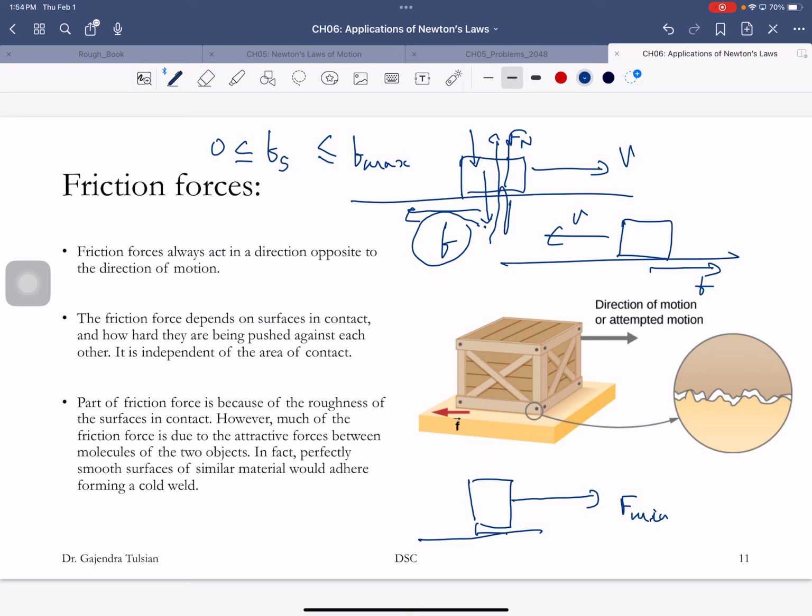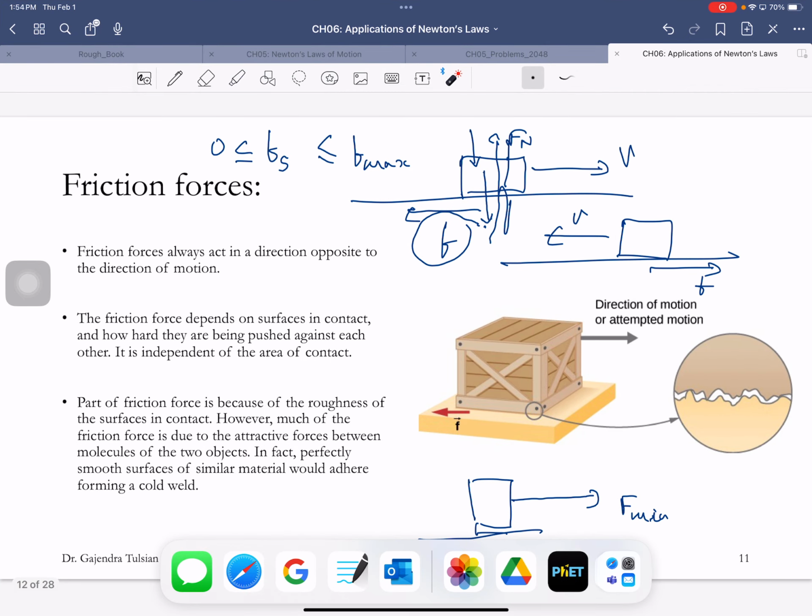The minimum force that I can apply to get it to move is the maximum static friction force. All these bonds can only pull so hard. If you apply a force greater than the maximum force they can apply, it'll start moving. You guys understand?